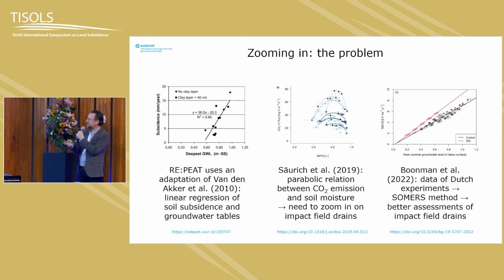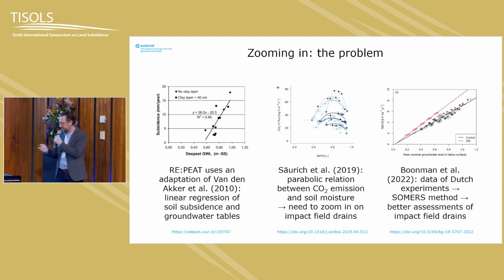And it takes into account all these processes, parabolic relations with soil moisture. It takes into account the temperature, and takes into account all the measurements that were taken over the years. And as you can see, then you have two directories, one that's applicable for regular conditions and one that's applicable for conditions with subsurface drainage.